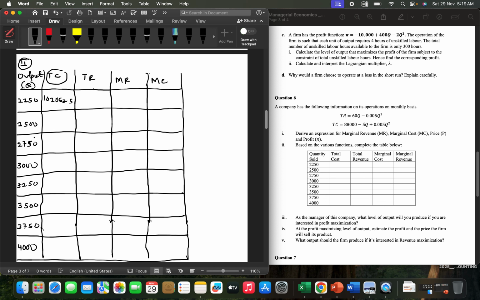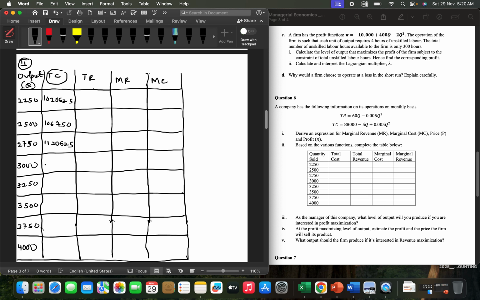The next one would be 106,750. You can use the calculator to prove the answers. The next one we are going to get is 112,062.5.